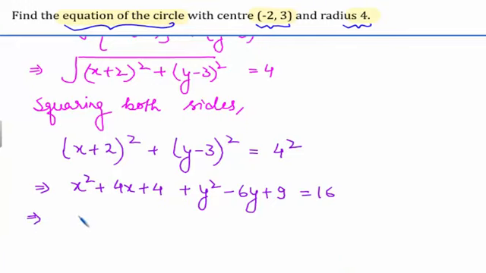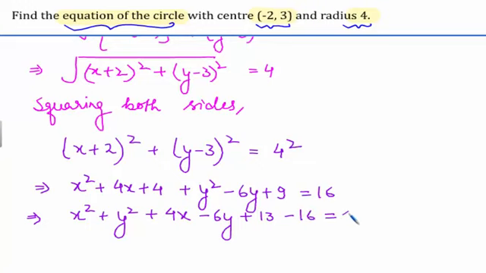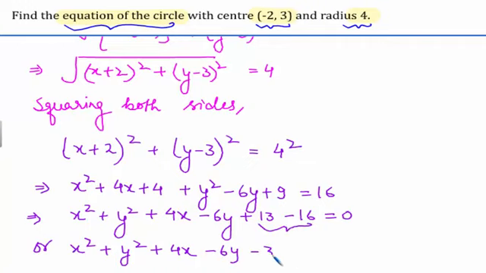This further implies that x square plus y square plus 4x minus 6y. Now 9 plus 4 is 13. So plus 13 minus 16 is equal to 0. Or this is further equal to x square plus y square plus 4x minus 6y. Now 13 minus 16 is minus 3, is equal to 0.